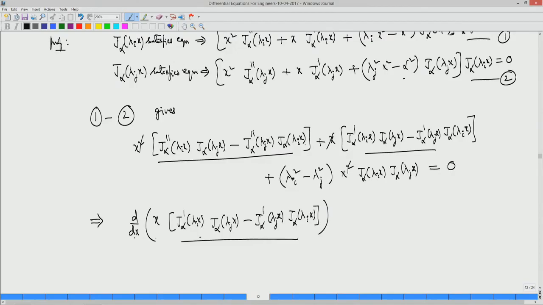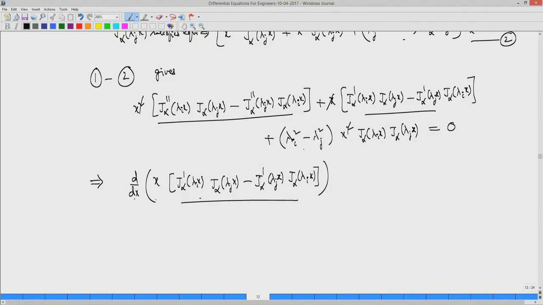So, if you differentiate this part, what you get is j alpha double dash of lambda i x into j alpha of lambda j x minus this one. These two terms I can put like this, plus lambda i square minus lambda j square into x into j alpha of lambda i x, j alpha of lambda j x equal to 0.